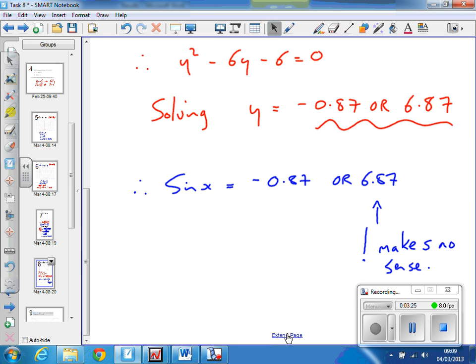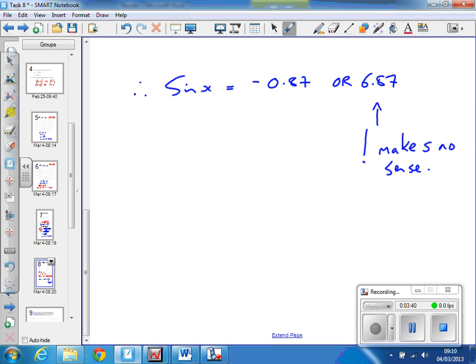So if I try and find that value, I'm not going to get an answer. So all values must lie between 1 and -1. So this is the one we're after. So therefore, our solution is negative 0.87.